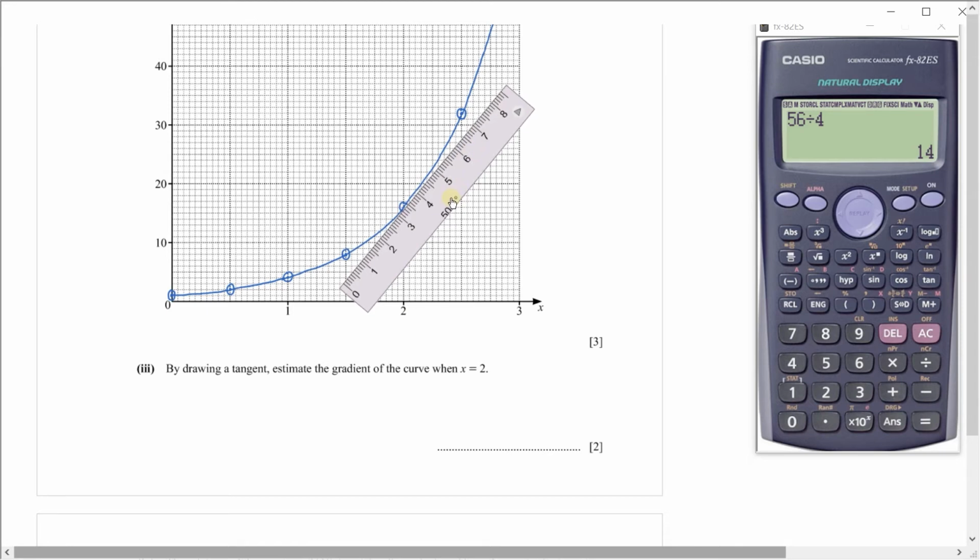So I think, yeah, that should be good enough. All right, now we can draw a straight line here, which will just touch the curve at this point.